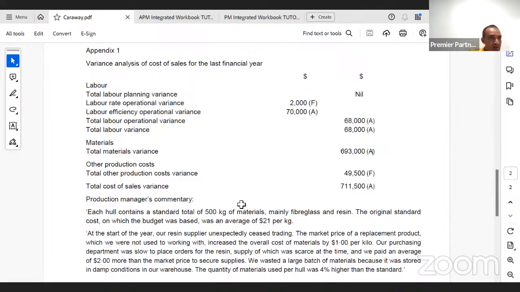The standard price is 21, what I told you, initially planned. The difference between those two will give you the price variance. So 350 into 520 into 24 is 4.3, and 350 into 520 into 21 is 3.8. That's the difference between 21 and 24, the price.